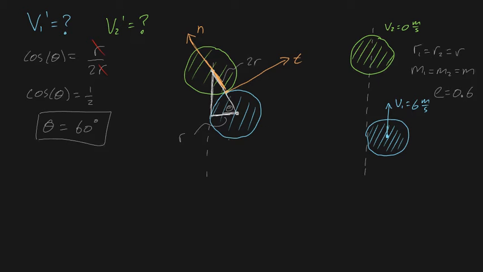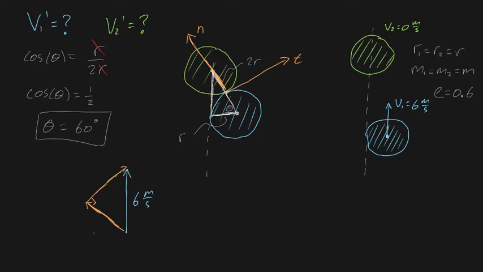Okay, let's see if we can redescribe the velocity vector of our first ball in terms of n and t. Remember, our first ball was traveling at 6 meters per second upwards, or in the positive j direction. If we describe it in normal and tangential components, it would look like this. This is the normal component, and this is the tangential component. Of course, this makes a right angle triangle.